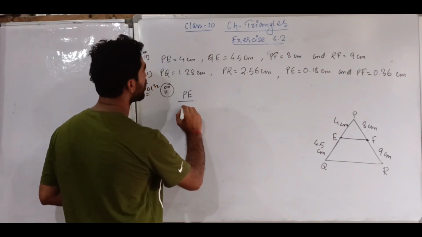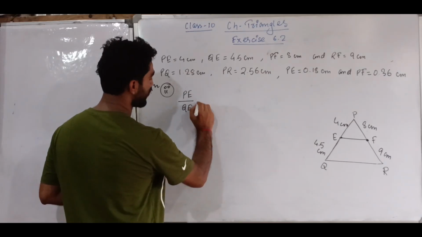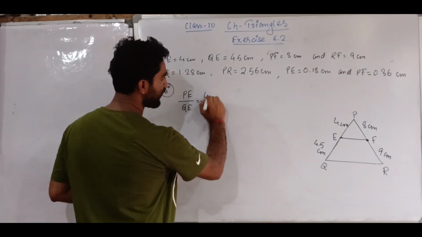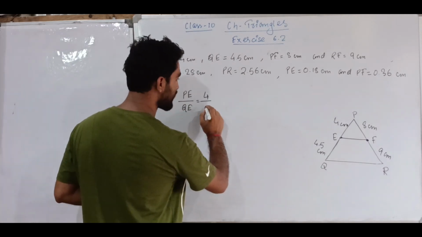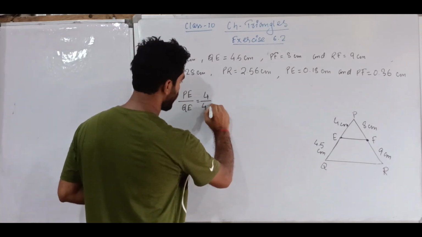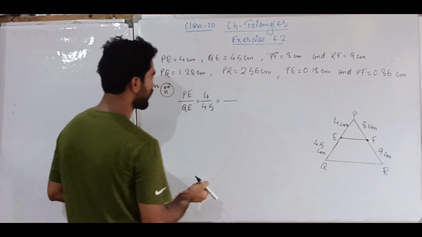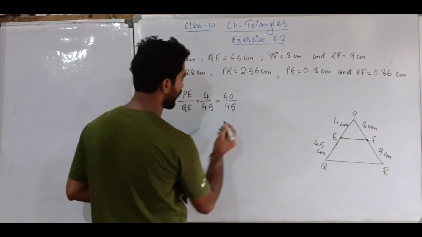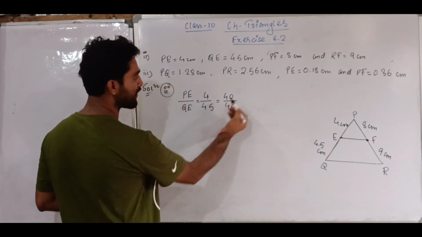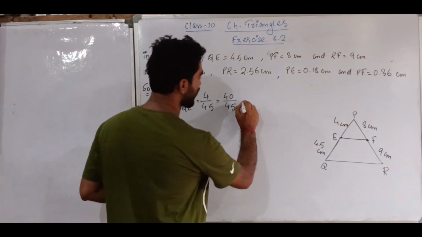PE divided by QE. So PE is given 4 and QE is given 4.5. So this one can be written 40 divided by 45, because after the decimal point one digit is there, so that is why in the numerator 10 will come.